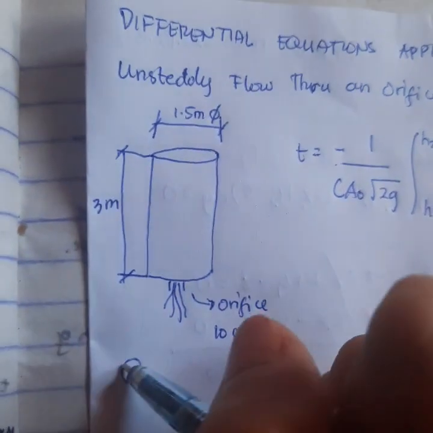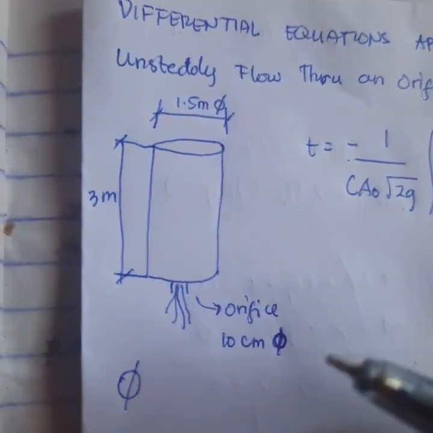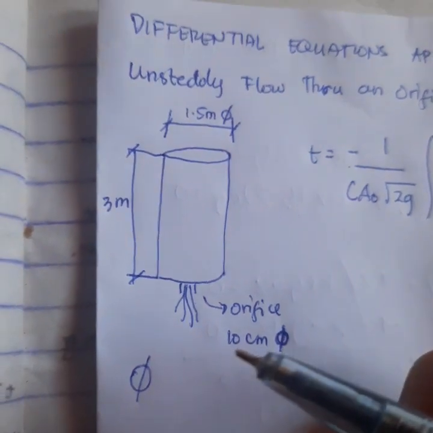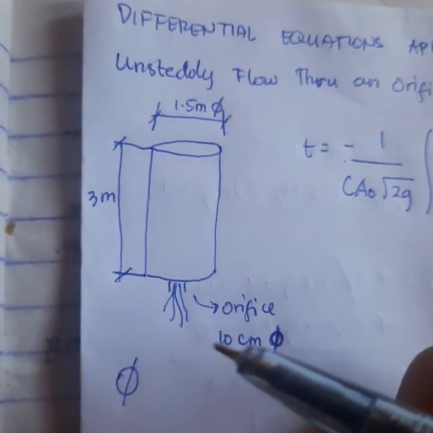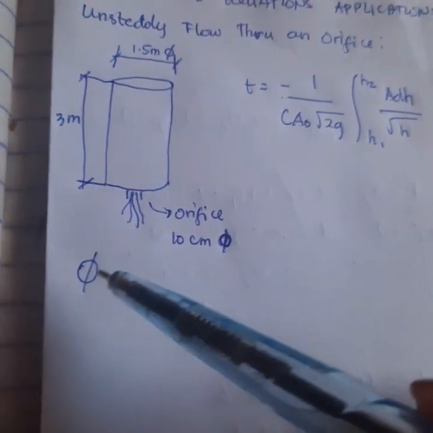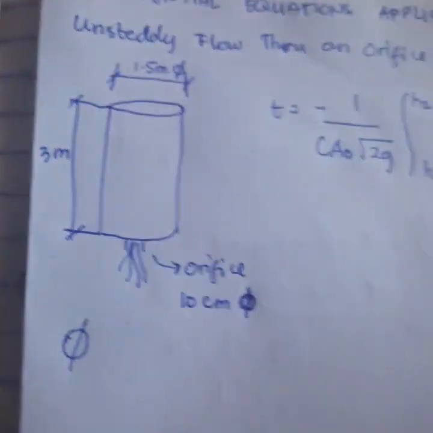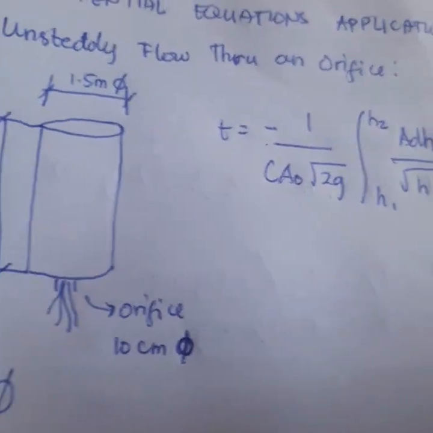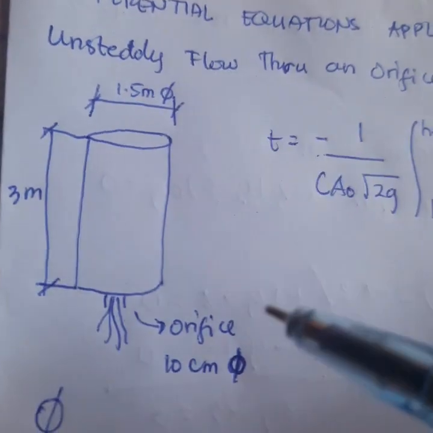By the way, this sign means diameter. As you go along and work in plants, this is the common representation of a diameter. So, 1 meter diameter. Okay, so determine the time required to empty the tank.